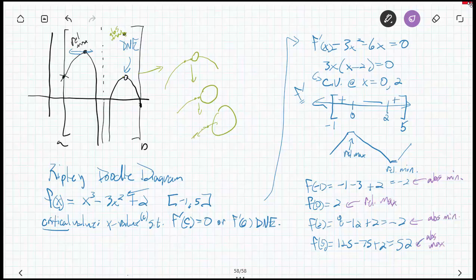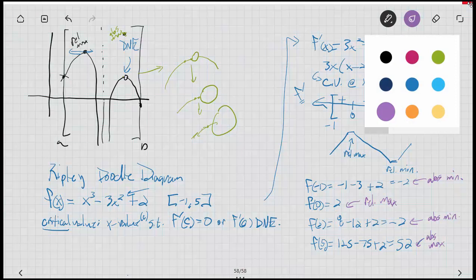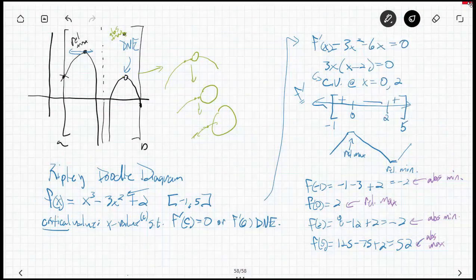Now you've got to be really careful. Just one more little addendum to all of this. In the problems, you have to make sure that you answer the question, which means you have to read the question. If the problem were to ask, where on the function f of x equals x cubed minus 3x squared plus 2 do we have maxes and mins? Well, that implies what are the x values for which we have maxes and mins.